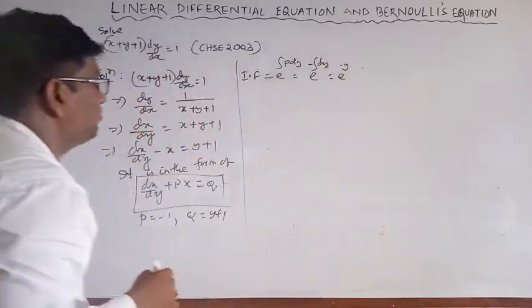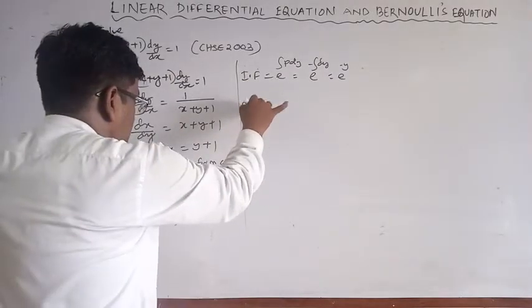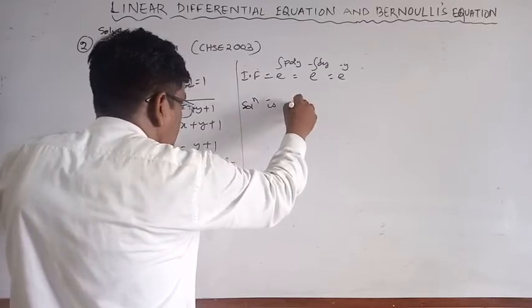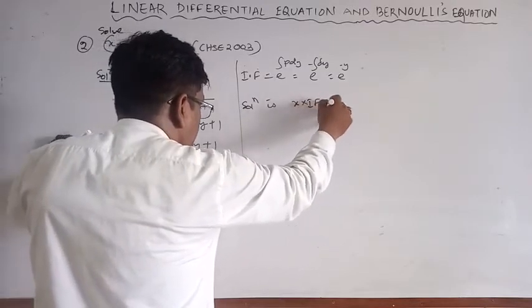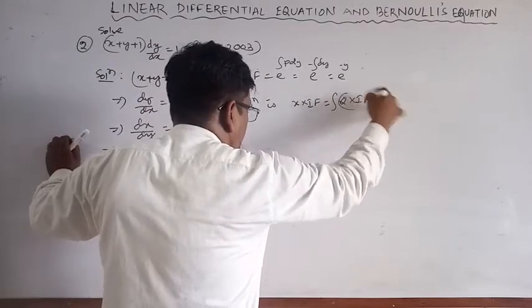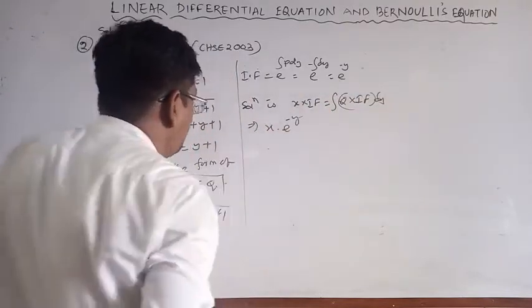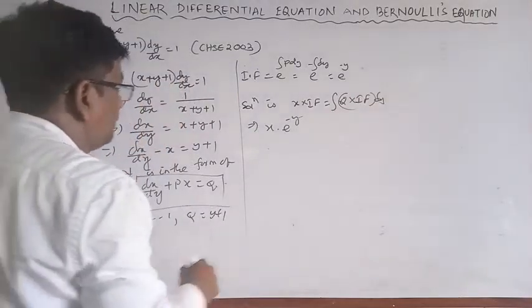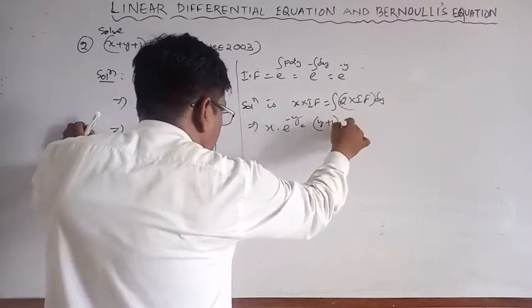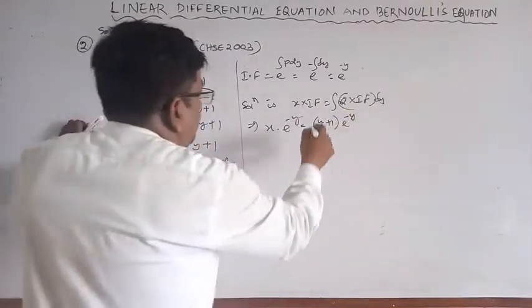Now the solution is x into IF equals integral of q into IF dy. So x e^(-y) equals the integral of (y + 1) e^(-y) dy.